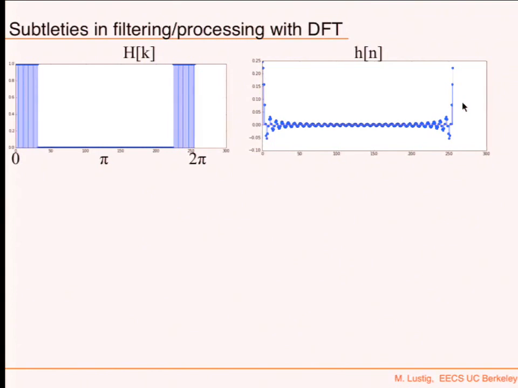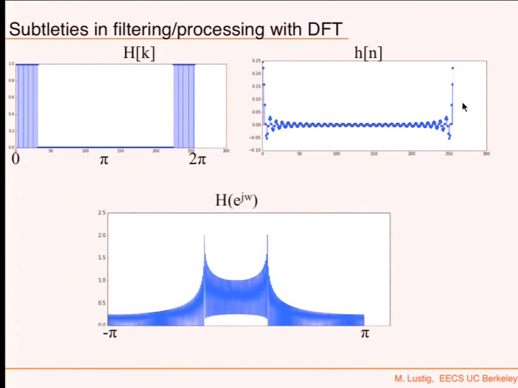Do you want to see it? It's crazy. I'm going to compute the DTFT of it. This is the DTFT. This is zero frequency. It is kind of a low-pass filter, not the best one, though.